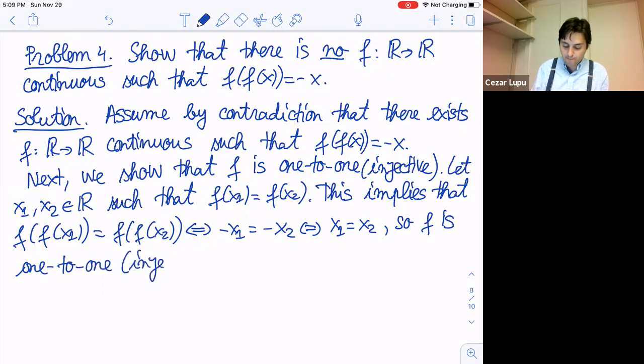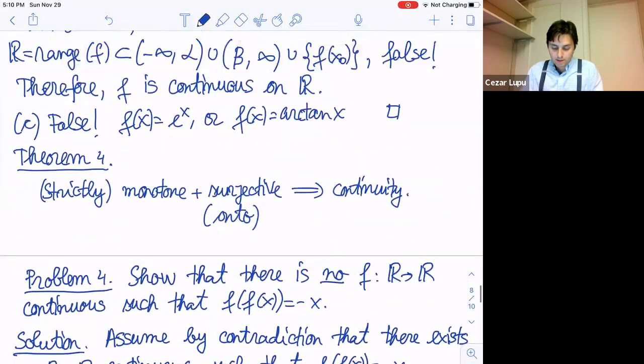Or injective. Sometimes I'll refer to this as 1-to-1, sometimes I'll use the word injective. It doesn't really matter that much. All right, but now by a theorem, what theorem was it? Let's look.